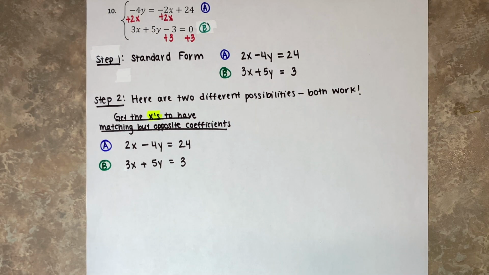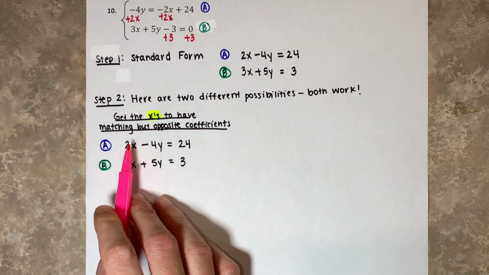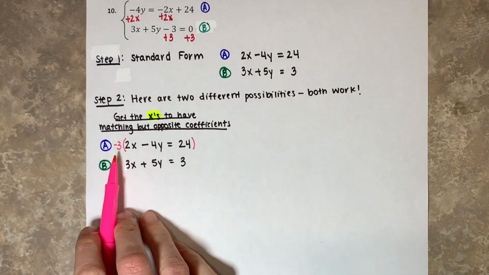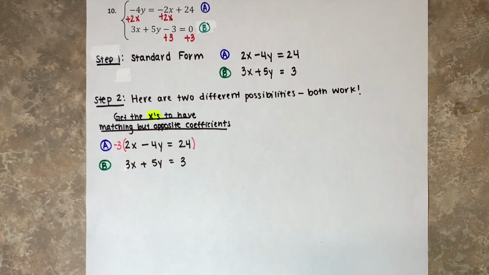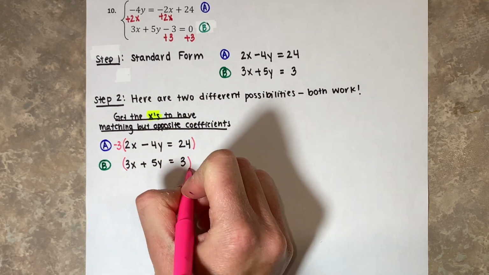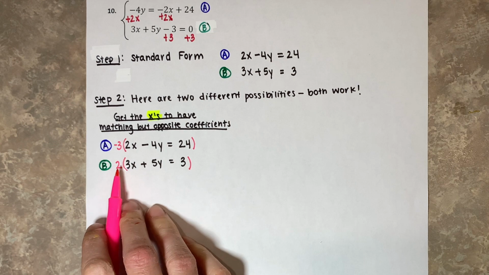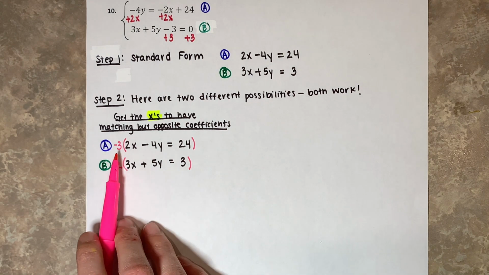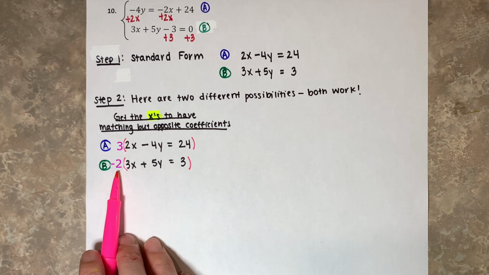Now, there are many different ways we could get the x's to have matching but opposite coefficients. But one option is we could multiply this top equation by -3. That would give us -6x, and then we could multiply the bottom equation by +2 to give us +6x. Another option is instead we could multiply the top equation by +3 and the bottom equation by -2. That would work as well.